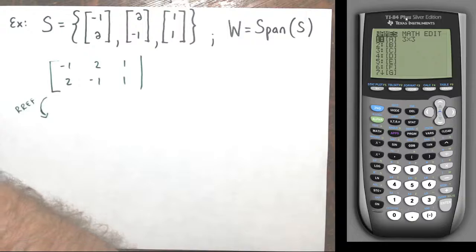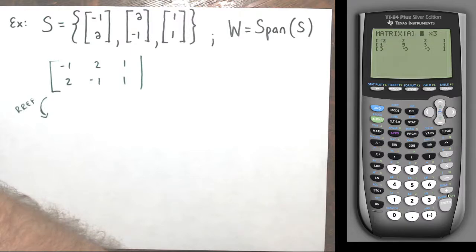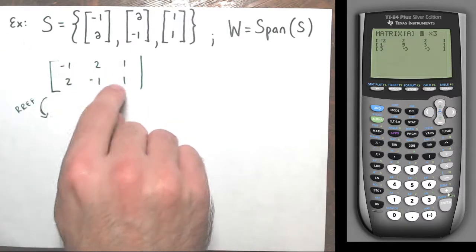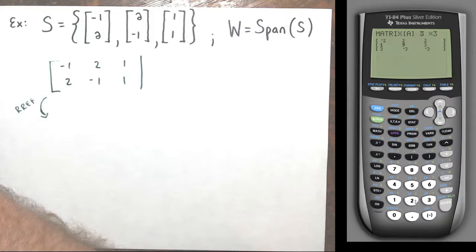This is a TI-83, 84 Plus here. They both work in a similar fashion. Go over to edit, and I'm making a 2 by 3 matrix here. This coefficient matrix, so 2 rows by 3 columns. Enter the entries. The first row is -1, 2, 1.